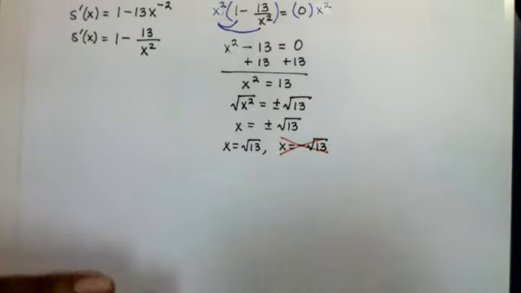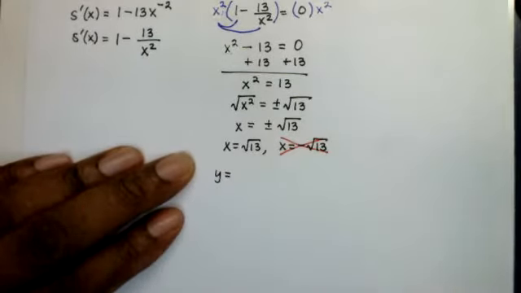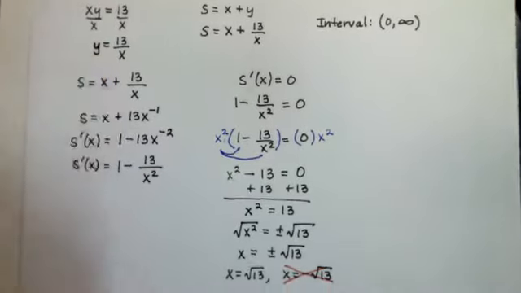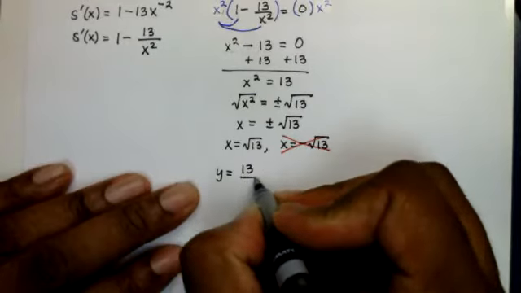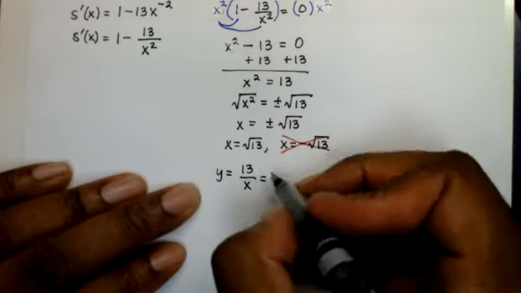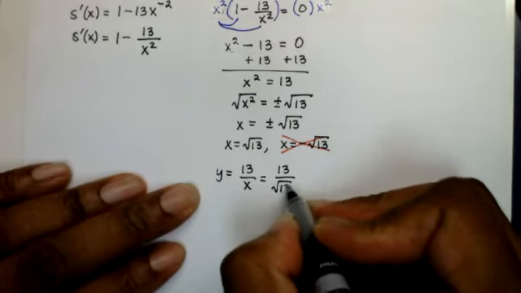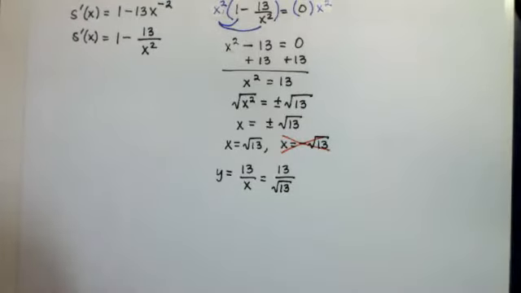Now let's find out what Y will be equal to. If you recall, Y is equal to 13 over X. So I'm going to substitute the X with the square root of 13. That means I will have 13 over the square root of 13. Now they want you to rationalize the denominator.